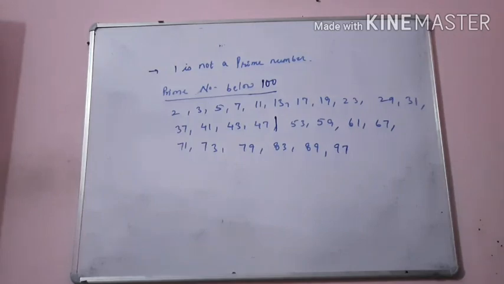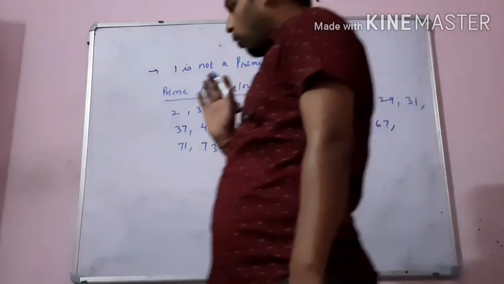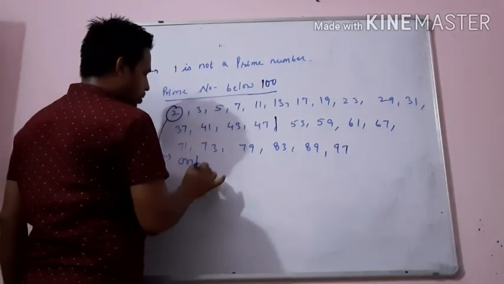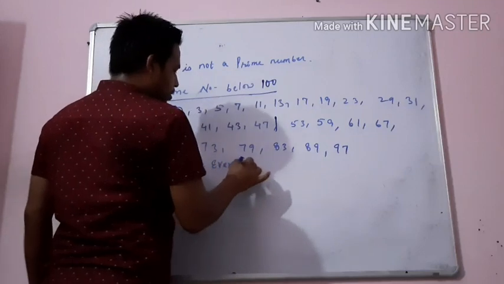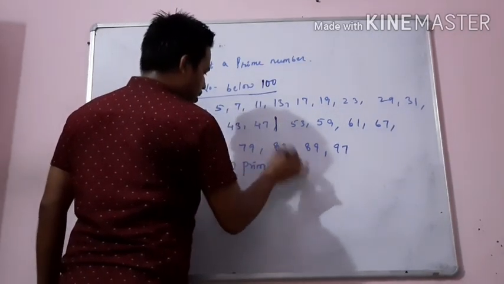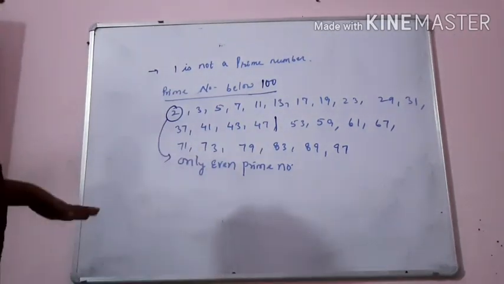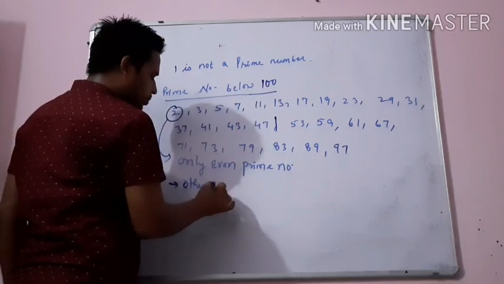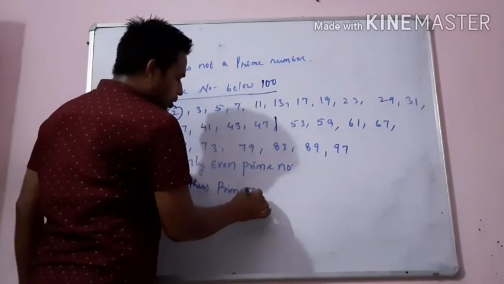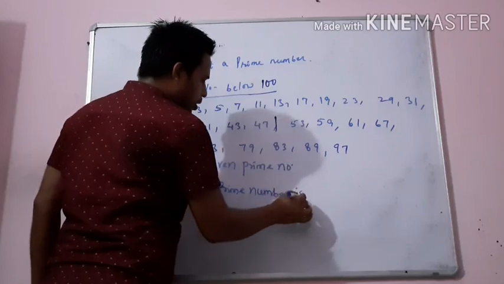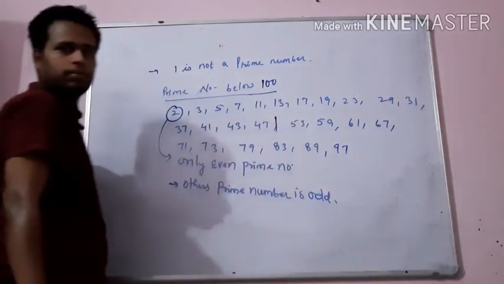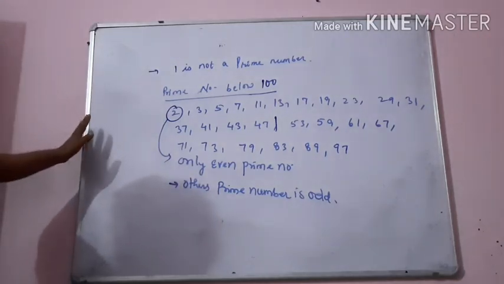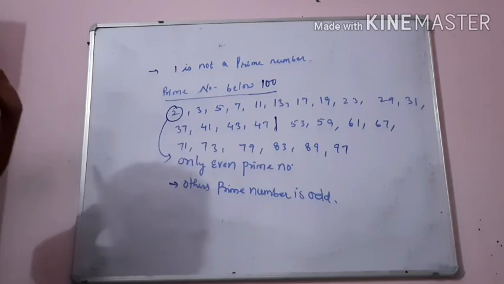When you look at the prime numbers, you will observe that only 2 is the even prime number. Other prime numbers are odd. Only 2 is the even prime number. Other prime numbers are odd.